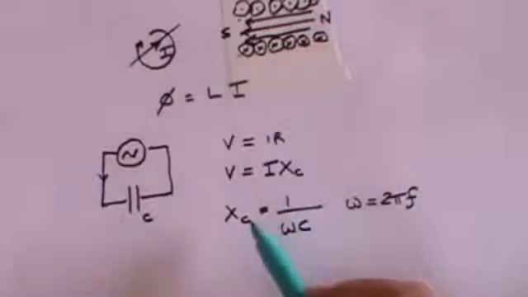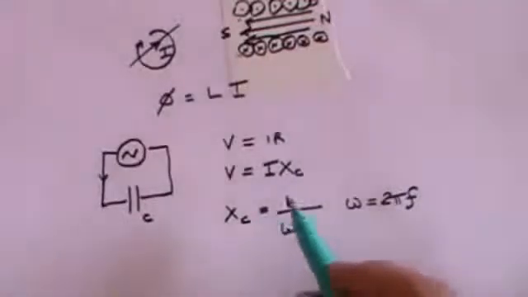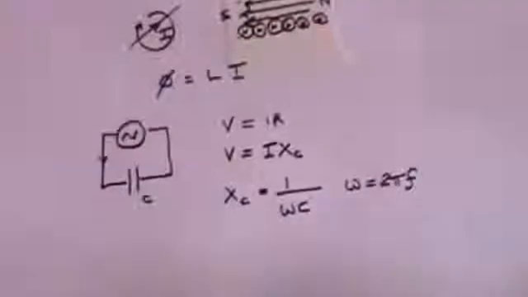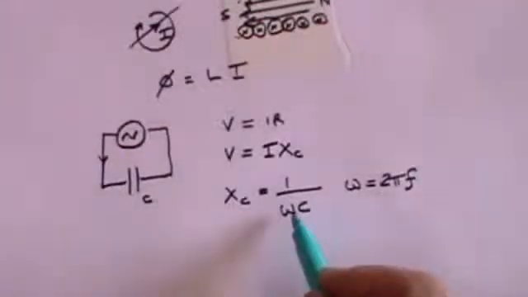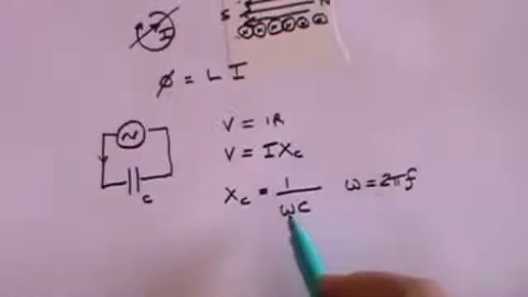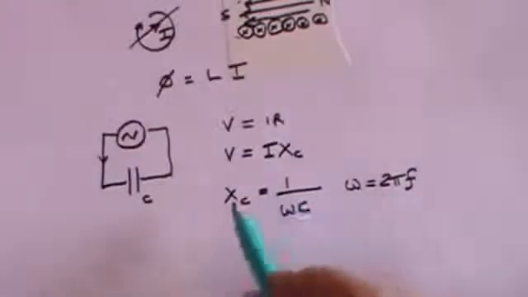So you find that there's a resistive effect, which we call the reactance, which is equal to 1 divided by omega C. And what that means, of course, is that as the frequency increases, remember omega is 2 pi times the frequency, the reactance will decrease.